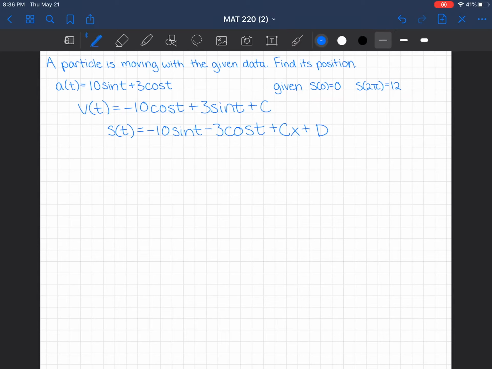So first we'll solve for 0. We'll go ahead and plug 0 into all of our t values.